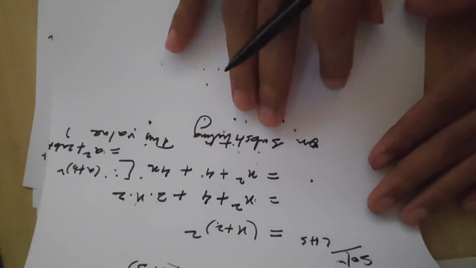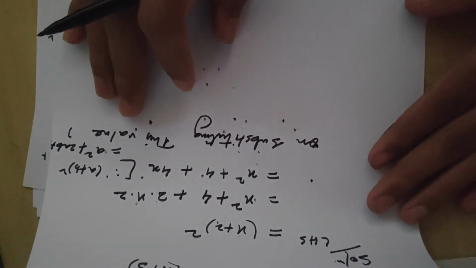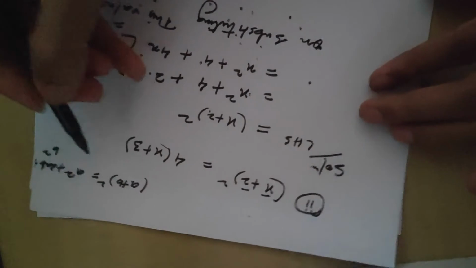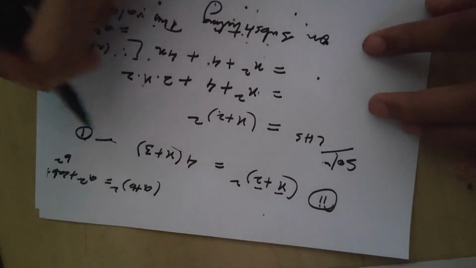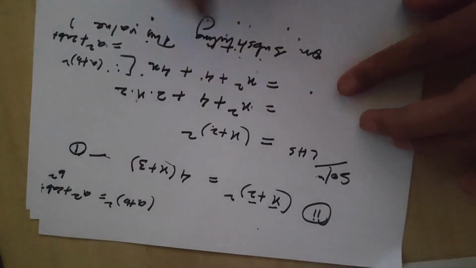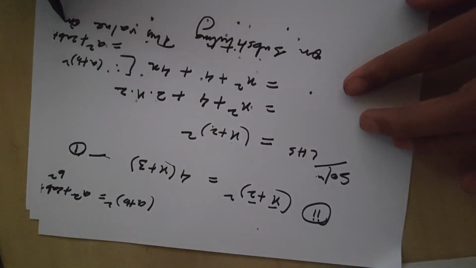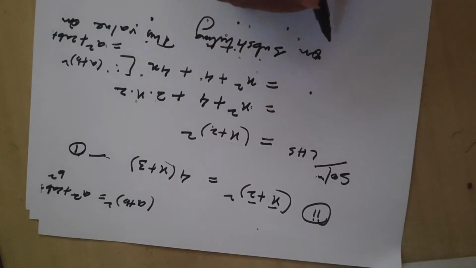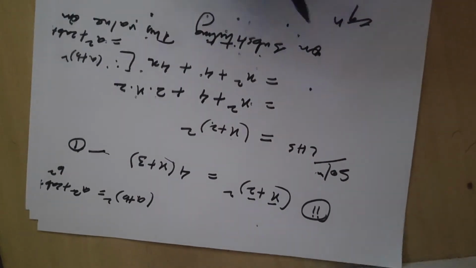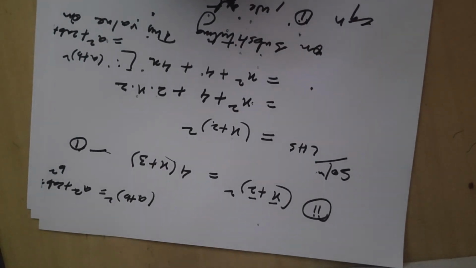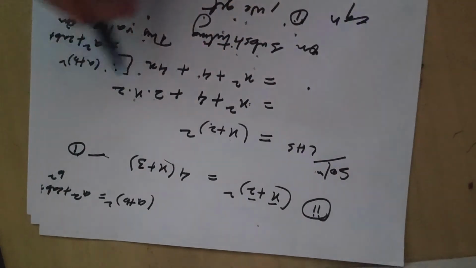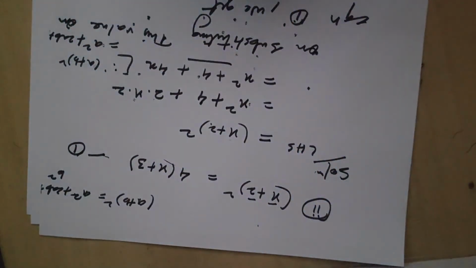Okay, let it be. So we'll substitute this value on, for example, this is your equation 1. So we're going to put it here, we'll substitute this value on equation 1. We get, we'll put this one on this side, x squared plus 4.